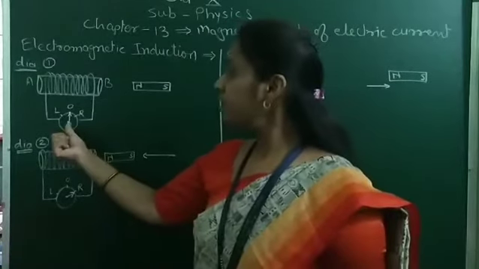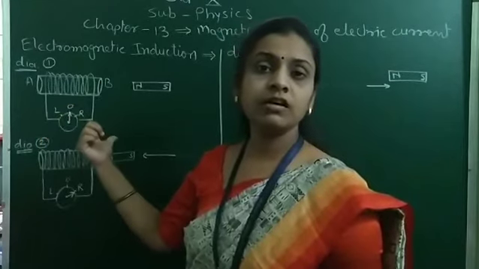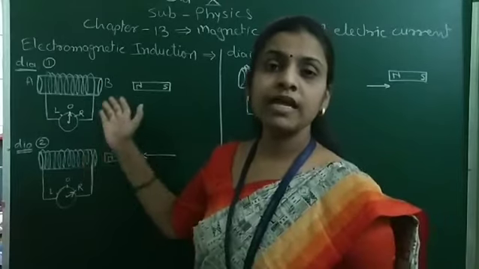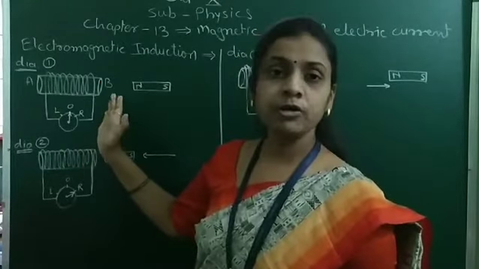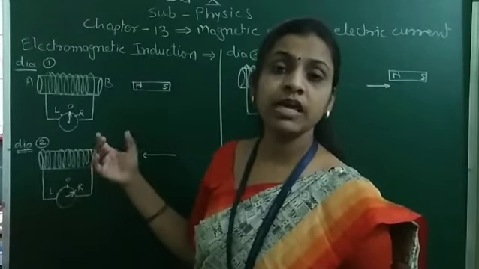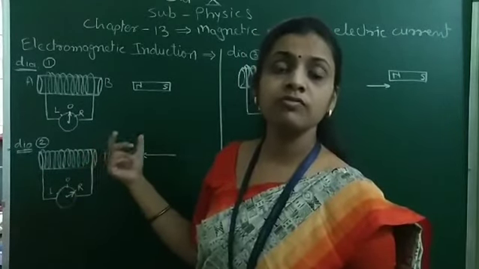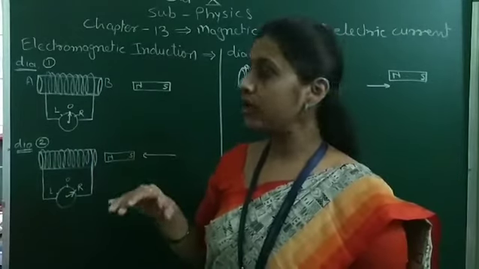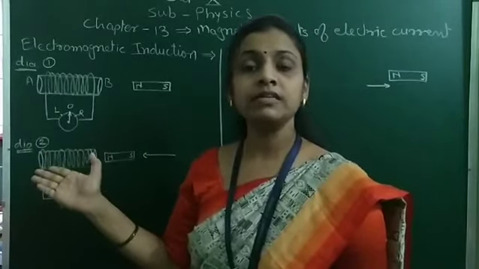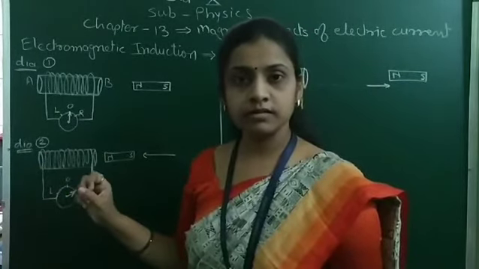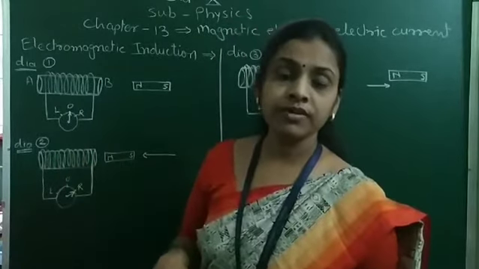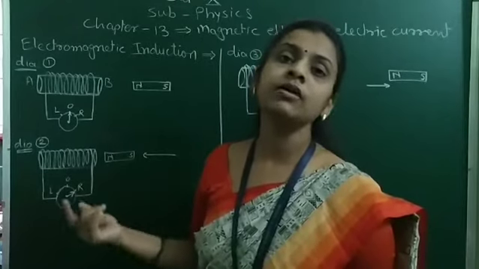If the deflection is on the right hand side, it indicates the direction of the current, and if the needle deflects towards the left hand side, it means the current flows in the opposite direction.